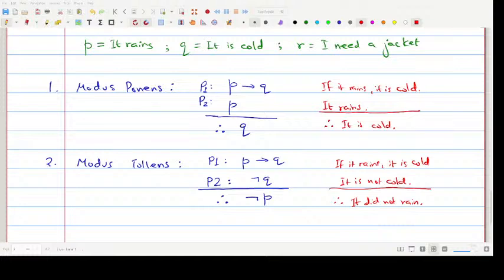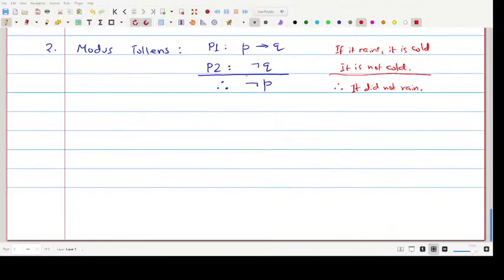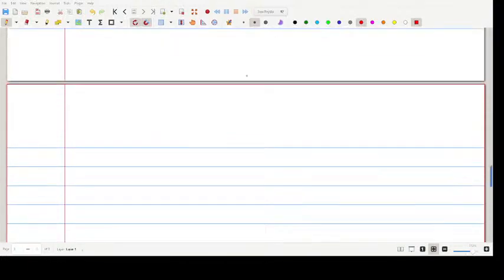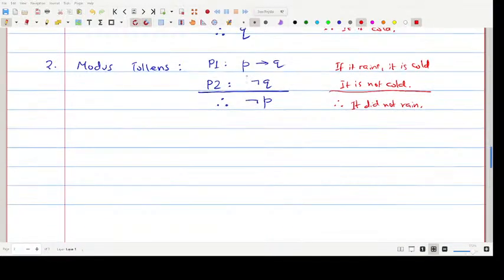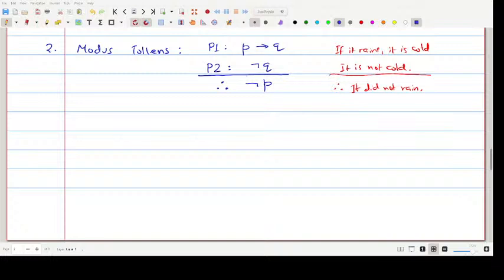Okay, looks like they're pretty easy to understand as well. Again, we'll consider P as it rains, Q as it is cold, and the statement R as I need a jacket. And we will move on to the next rule, the hypothetical syllogism.